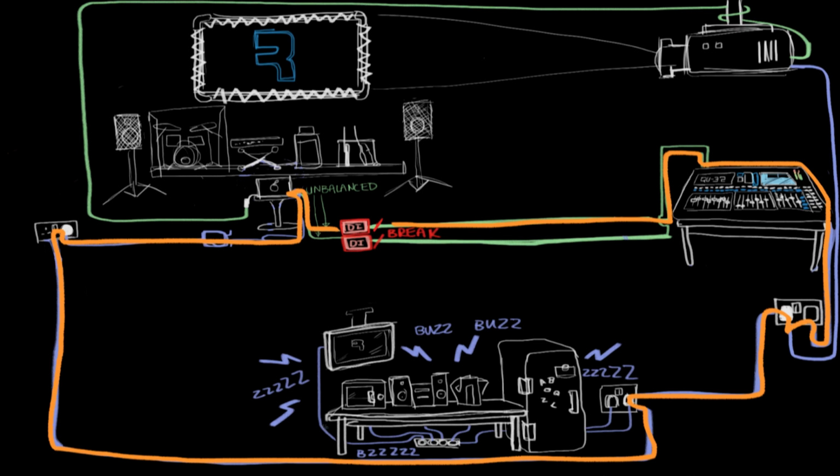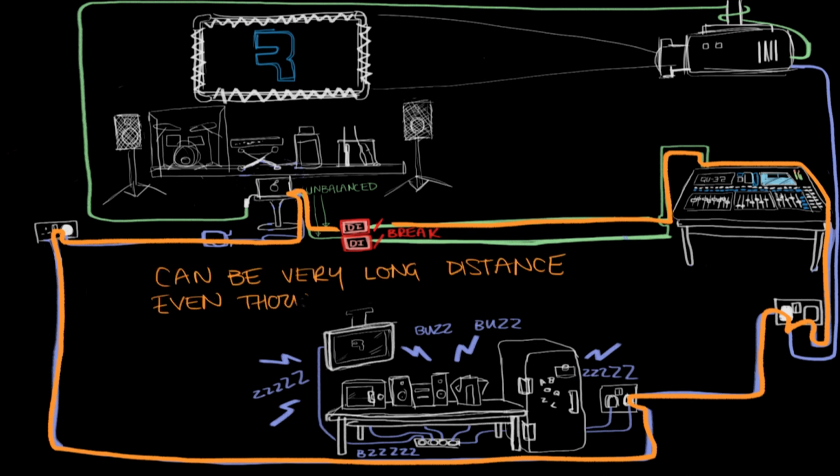This earth loop round here can actually end up being quite long. So sometimes if you've still got a buzz, that can still cause you a problem. So even though it's lifted and it's not actually a loop, you can still end up with differentials that are different from one side of the DI box to the other because of the length of the earth.